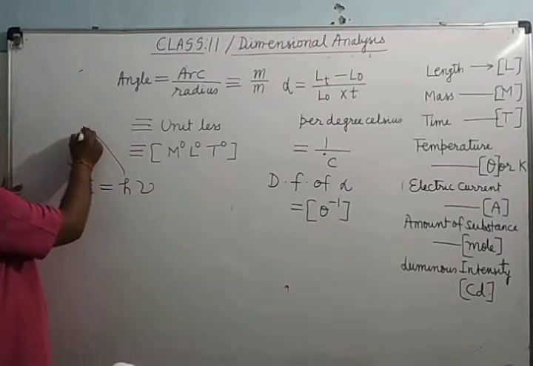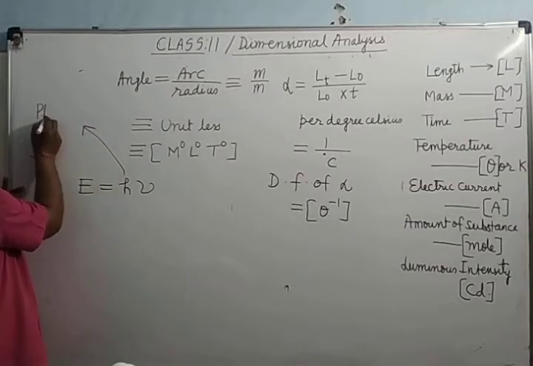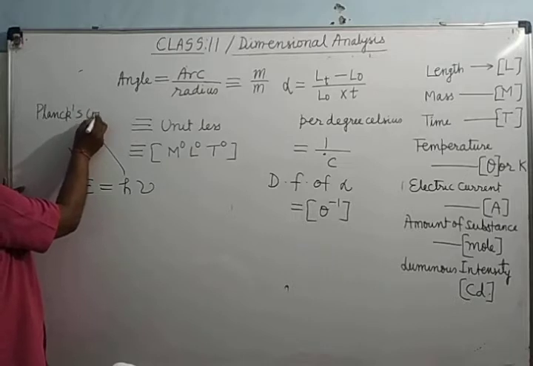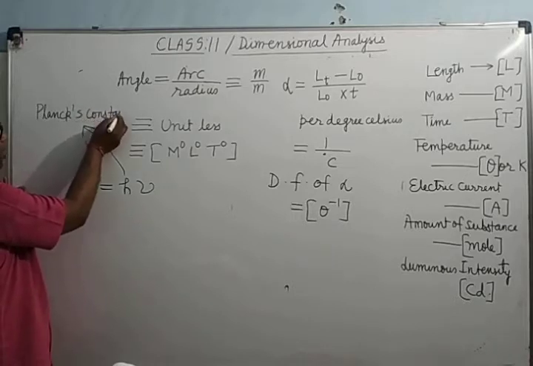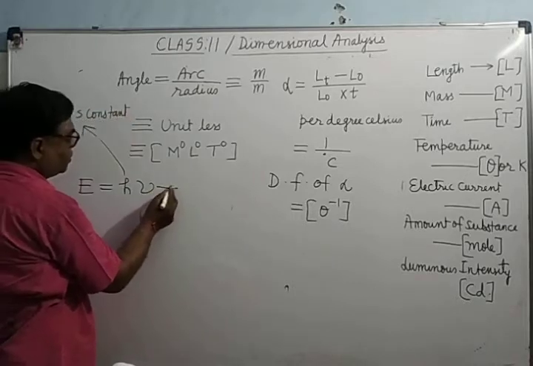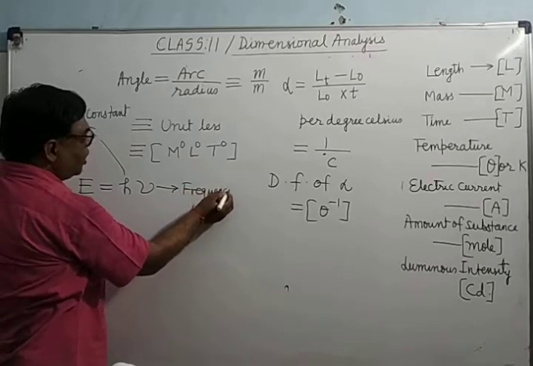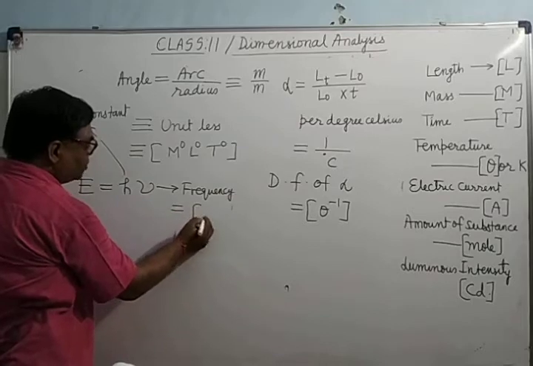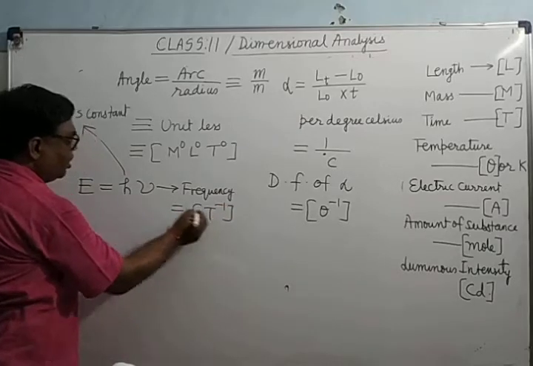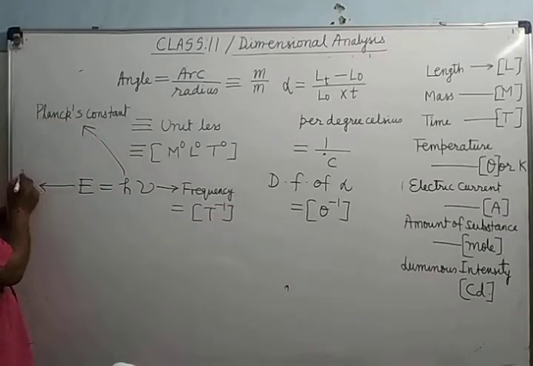Now there is one more formula, E equals h into nu. h is known as Planck's constant. Nu is frequency, a Greek letter used for frequency. Its dimensional formula I told yesterday: it is T minus 1. E is energy.